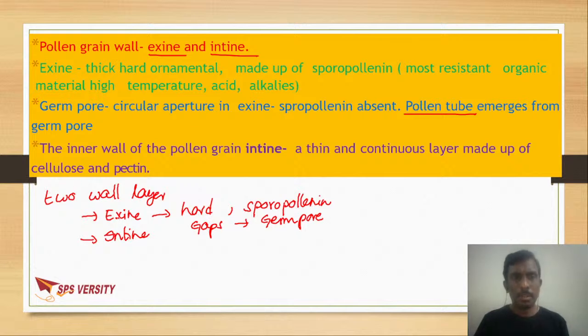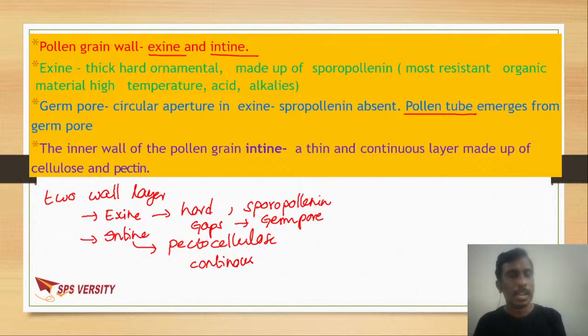And when you come to the inner wall, it is called intine, which is made up of pectocellulose, which is very thin. It is a continuous one. It doesn't have any gaps like exine. So the wall of the pollen grain is made up of exine and intine.